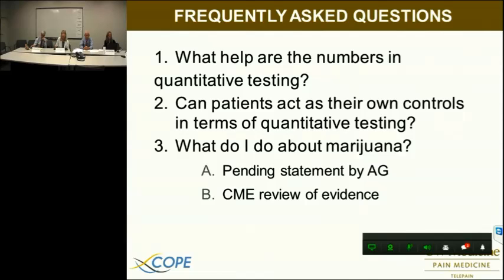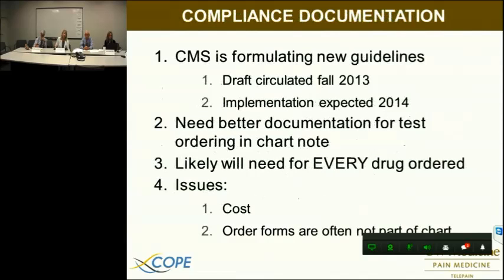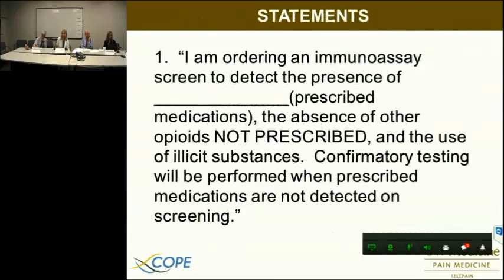So CMS is going to formulate new guidelines about urine drug testing, and I think the best thing I want to say is they're concerned about cost, as the government often is, and insurance companies are. Document why you're doing the urine drug testing, and if you're going to do confirmatory testing, think through why you need it and put that down in your chart note. And here are some sample statements.